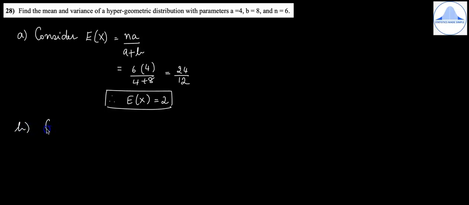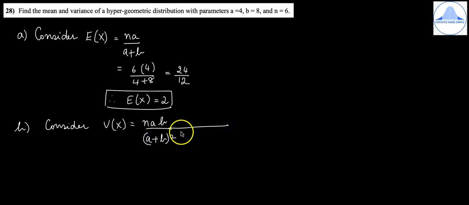Next, write the formula for variance of x. So consider V of x is equal to, now an easy way to remember the formula is if you know the expectation of x formula, so you write NA, multiply it by B. So the numerator you can remember it as the word NAB, and then the denominator you have to square it, so it is A plus B whole square.